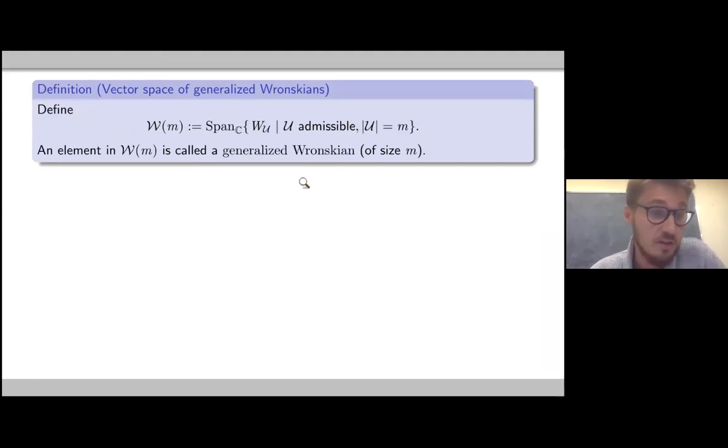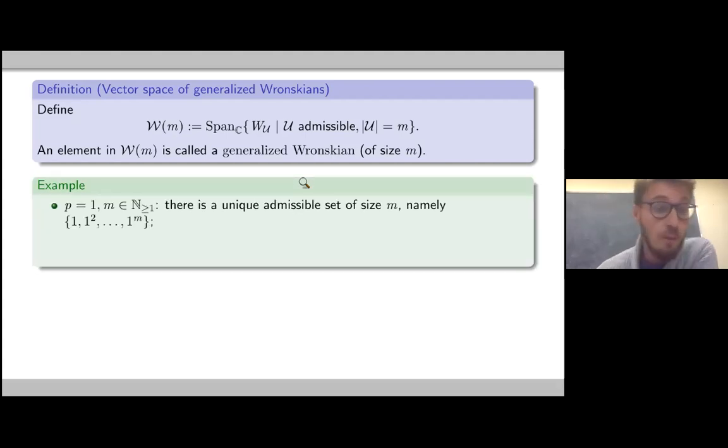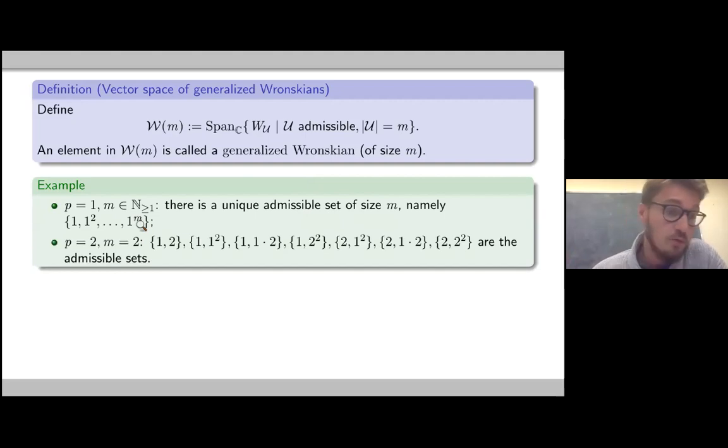An element in this set is then called a generalized Wronskian of size M. For example, for P equal to 1, there is only one admissible set of size M. You have to take 1, 1 squared, until 1 to the power M, and it's the usual Wronskian one can encounter in one variable. If you take P equal to 2 and M equal to 2, we can list the admissible sets, and here there are 7 of them.